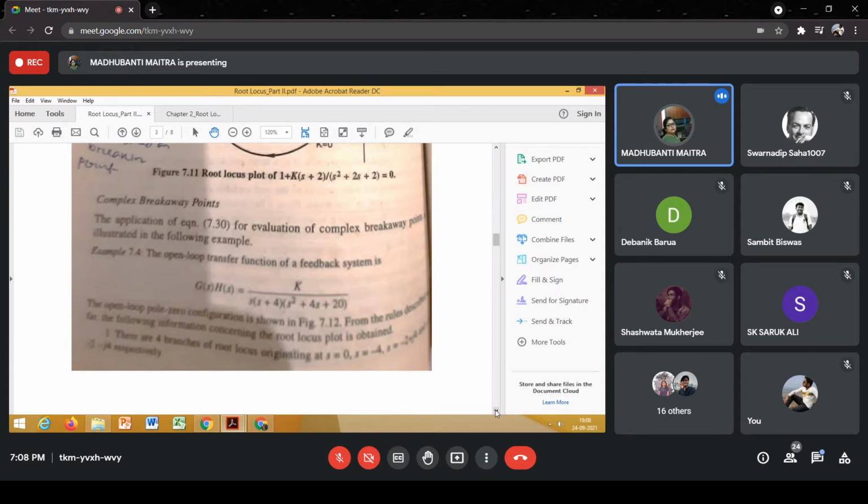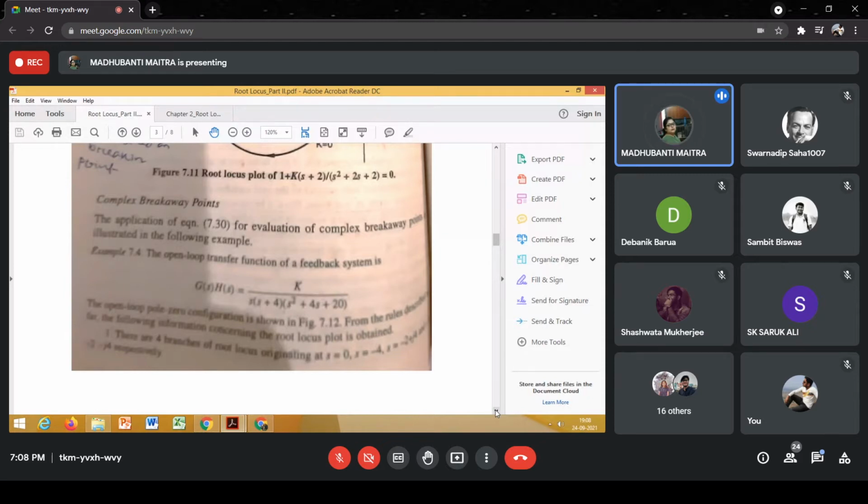Again, I am not discussing all the rules, and I am not discussing the complete root locus sketch for this particular system. This is your assignment. Please draw the complete root locus sketch for this system.